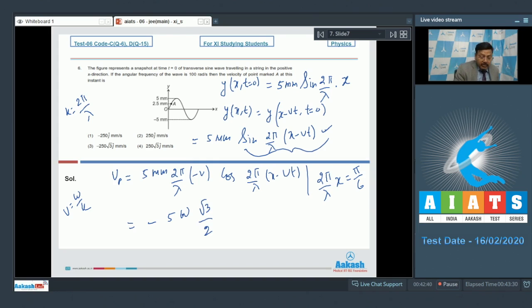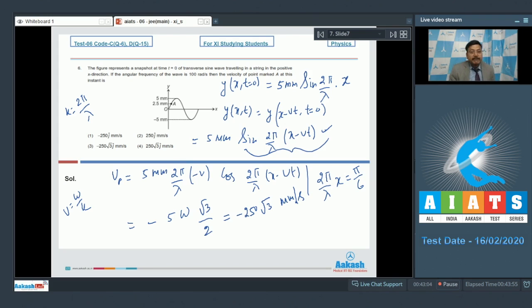The unit not mentioned is mm, and we shall also put the value of omega to finally get the particle velocity. If I put the value of omega, which is 100 radian per second, this is coming out to be minus 500 root 3 by 2 millimeter per second, which is minus 250 root 3 millimeter per second.